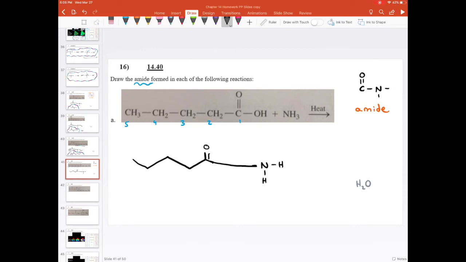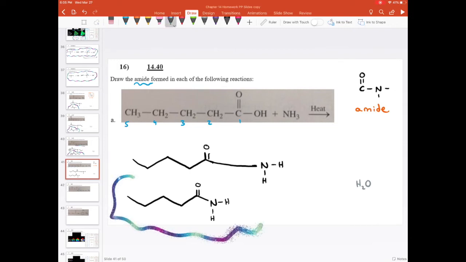Now you wouldn't want to leave your answer like that, with that long, crazy bond, so instead you redraw the molecule just with a shorter bond to the nitrogen. And that would be your amide. You know it's an amide because you have the carbon double bonded to oxygen, single bonded to an amine right there.